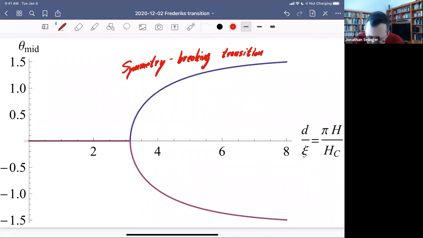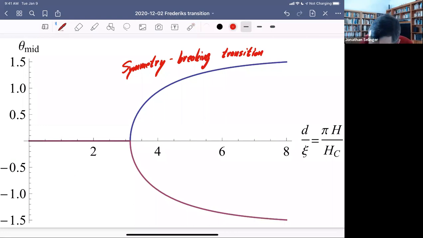And look, it looks sort of like a square root law here, doesn't it? Right? It looks like the theta in the middle is 0, and then it increases as plus or minus the square root of the field minus the critical field.